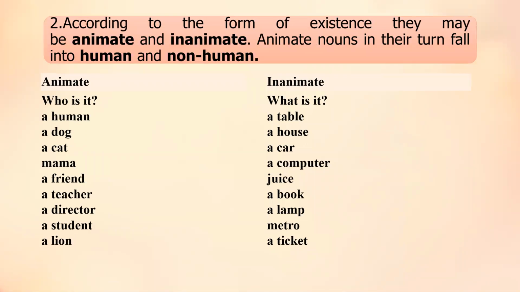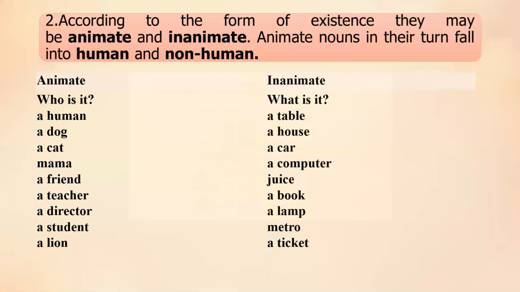According to the form of existence, they may be animate and inanimate, and animate nouns in their turn fall into human and non-human. Dog, cat, mama, friend, teacher could be classified as animate nouns, and house, car, computer, etc. are inanimate.